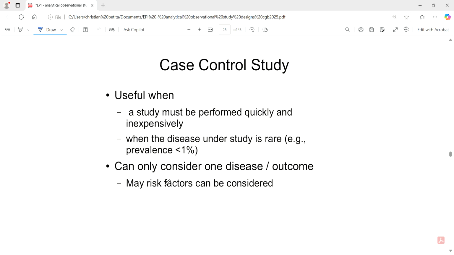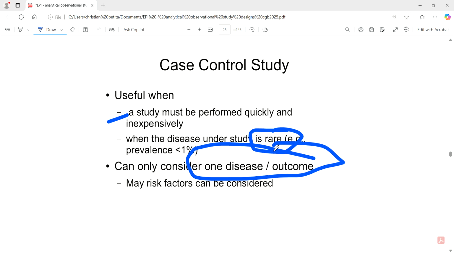Case control studies are useful when a study must be performed quickly and inexpensively, when the disease under study is rare. Major disadvantage of a case control study is that it can only consider one outcome or disease at a time, but many risk factors can be considered.